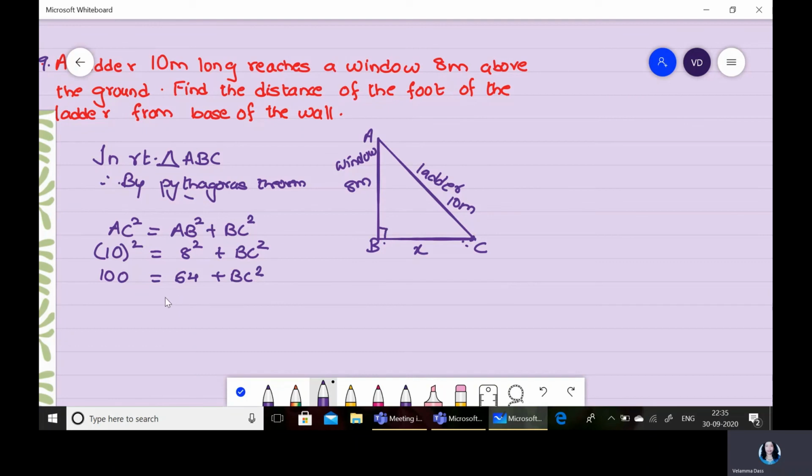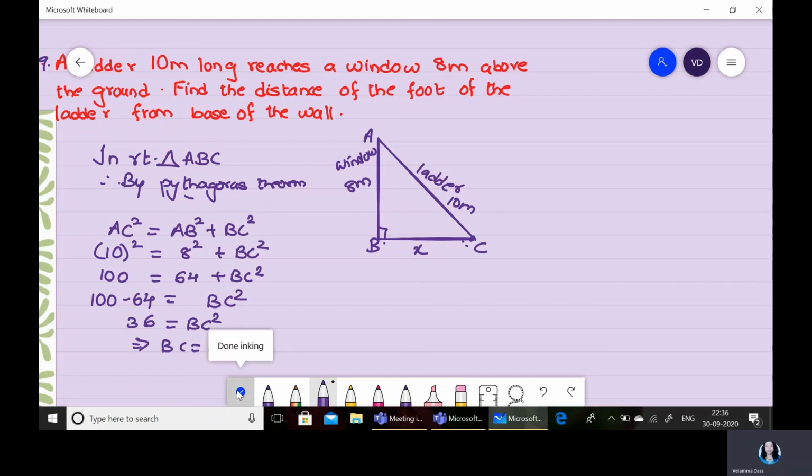We want to find BC square, so let's take 64 to the other side. 100 minus 64 gives you 36. So BC square is 36. When we take the square root, BC equals 6 meter.